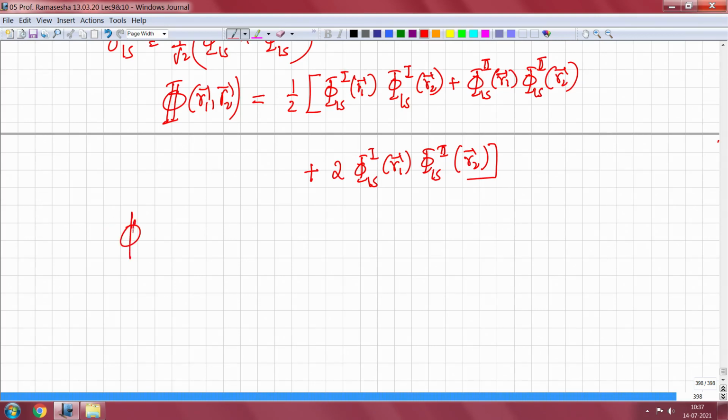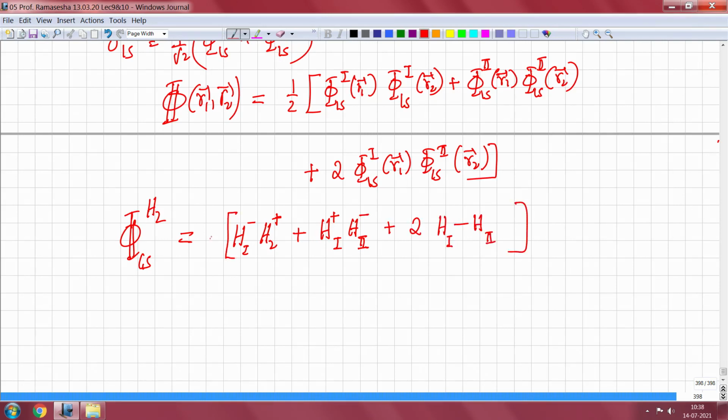The ground state of the hydrogen molecule, I can write it as H1 minus H2 plus, which is the first diagram here, because both the electrons are on atom 1 and atom 2 has no electrons, plus the second one is H1 plus H2 minus, and the third one is twice H1 neutral H2 neutral. So, this will be the resonance picture.